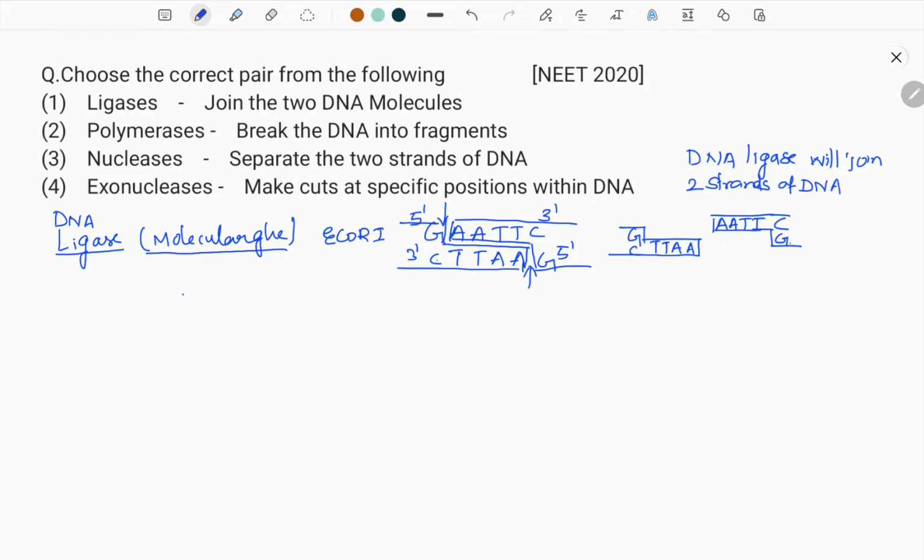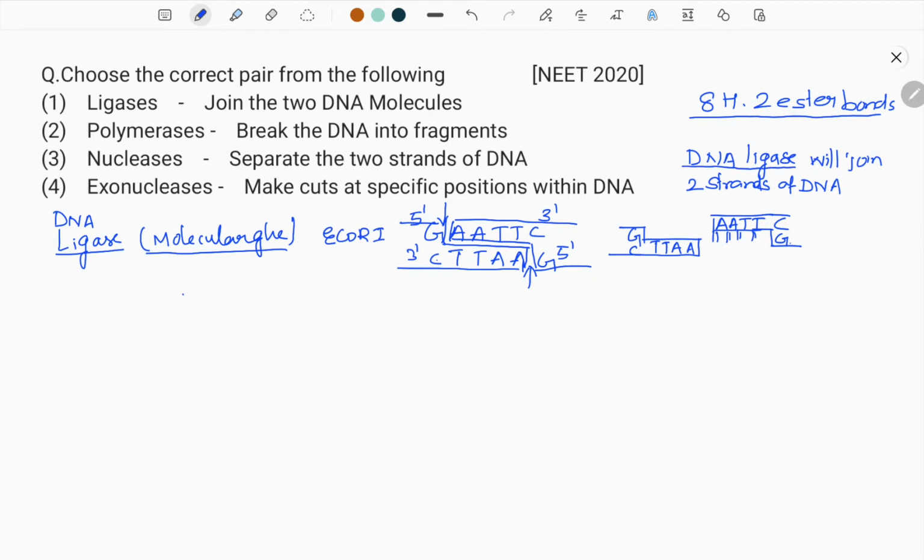In fact, remember, how many hydrogen bonds does it form here? 2, 2, 2, 2. That is 8 hydrogen bonds it will form, and 2 ester bonds. 2 ester bonds and 8 hydrogen bonds are formed when the two cohesive sites of EcoR1 are joined by DNA ligase.